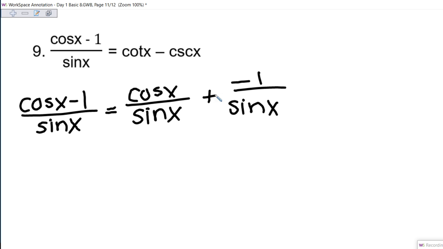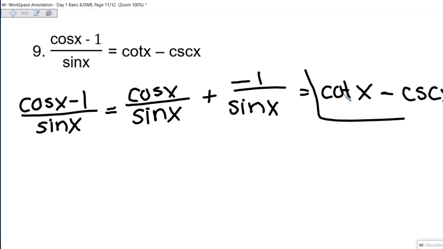And we know that cosine over sine is equal to cotangent. And negative 1 over sine of x would be negative cosecant of x.